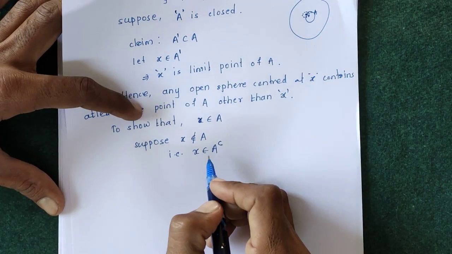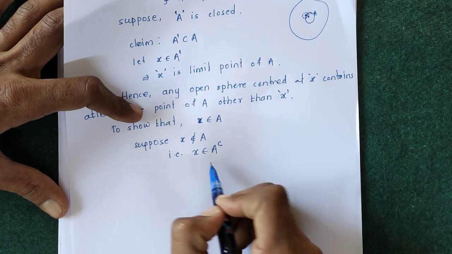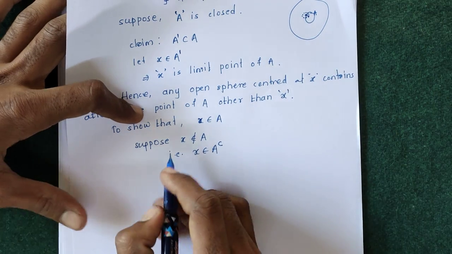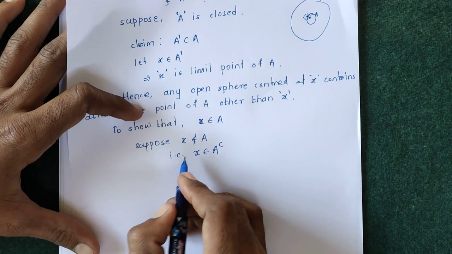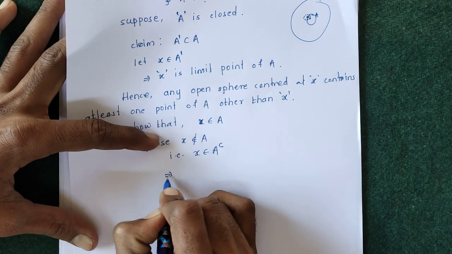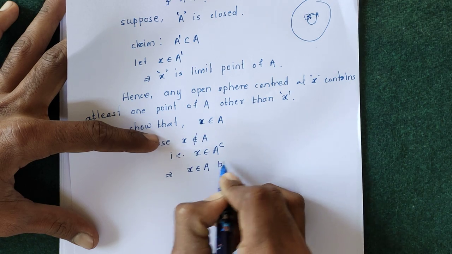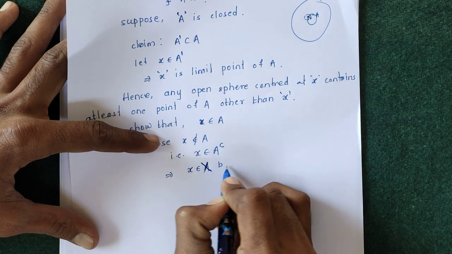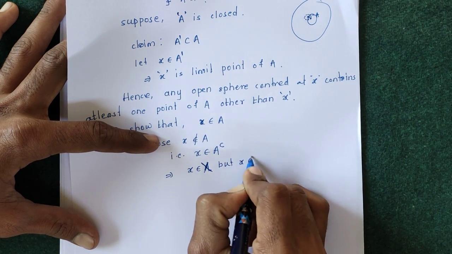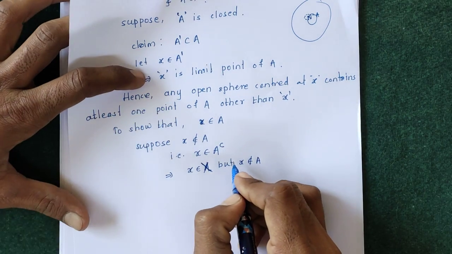Now, x belongs to A complement means x belongs to the whole metric space X, but x does not belong to A. This is the set of complement.